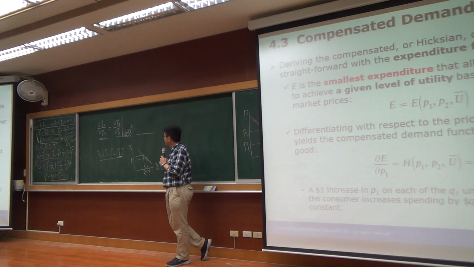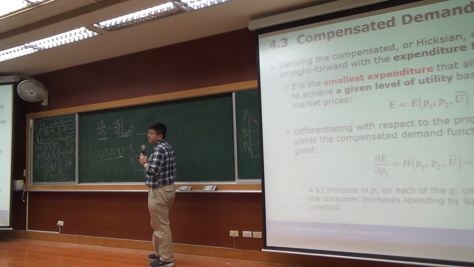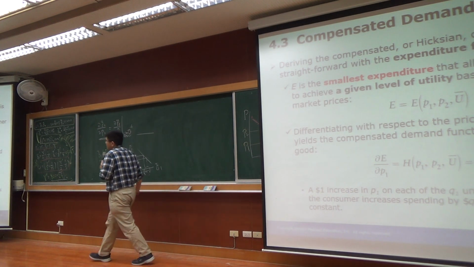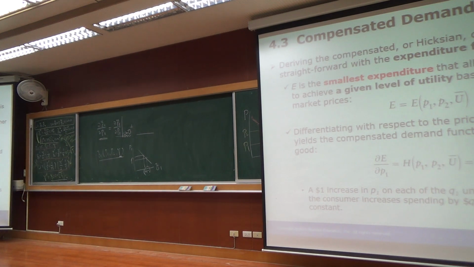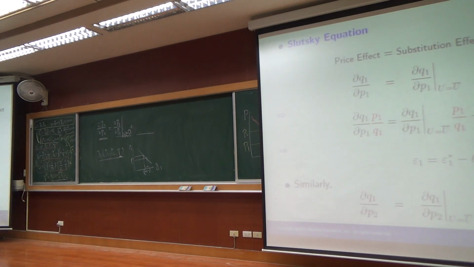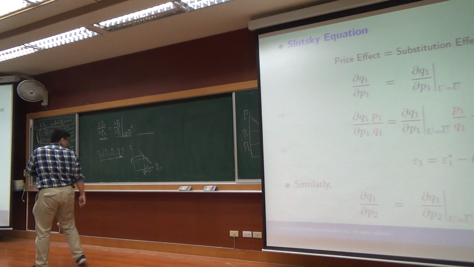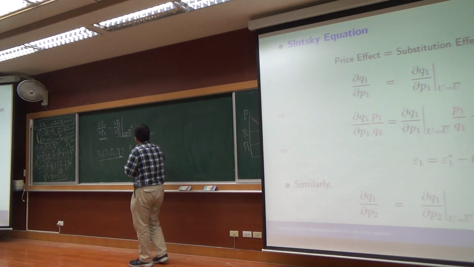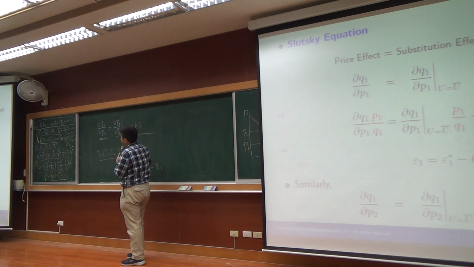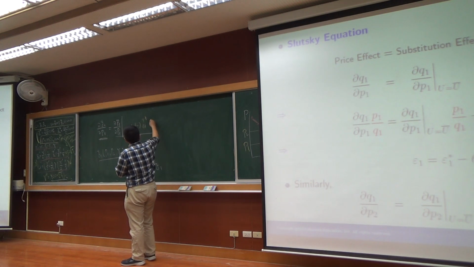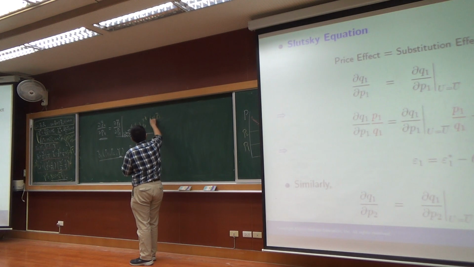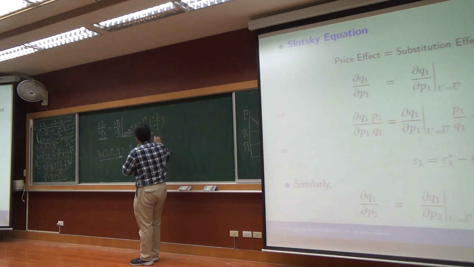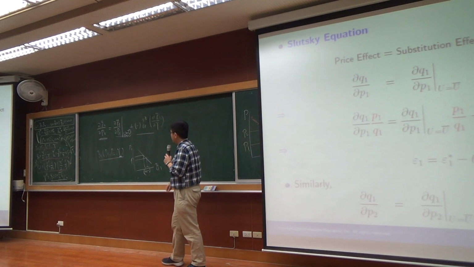Alright? And the final term. What would be the final term? The term looks like this. It's a negative sign. And Q1 star and partial Q1, partial Y. Okay?